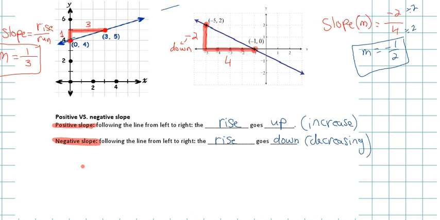Are you guys okay with this? So to find the slope, what do I need to do? Find 2 points on the line and see how much it rises over the run.